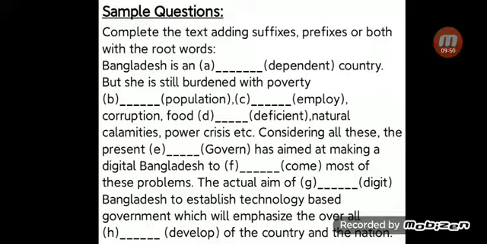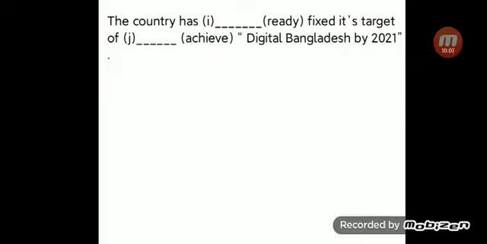The actual aim of G digit Bangladesh is to establish technology based government which will emphasize the overall H develop of the country and the nation. The country has I ready fixed its target of J achieve digital Bangladesh by 2021.